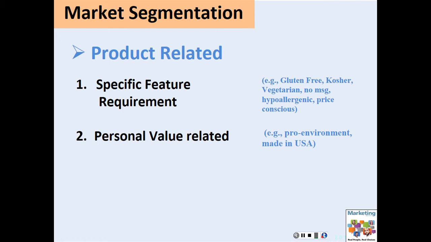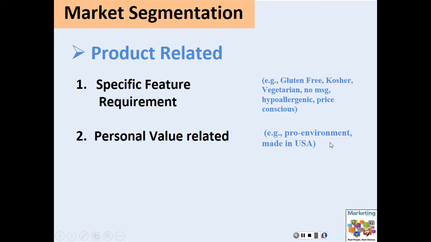The focus here is on value. It's related to your need of your body. For example, you can't take gluten. Your body is allergic to gluten. Here we are talking about personal value related, and that becomes a very important segment of the market because people are very committed to their personal values. And so they seek products that satisfy those personal values.